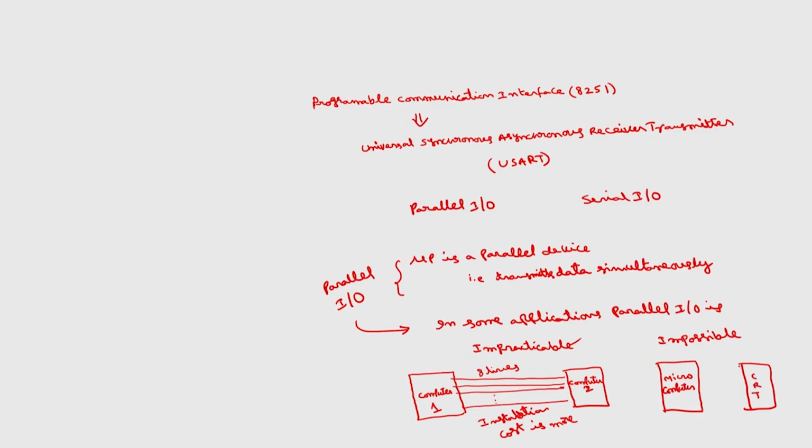By design the CRT terminal is a serial device, so it cannot accept parallel data. It accepts only serial data, whereas the microprocessor gives parallel data. I cannot connect these unless you incorporate some additional hardware. The CRT is one serial device, and a printer is also a serial device. In such applications it is not possible to perform parallel I/O operation.